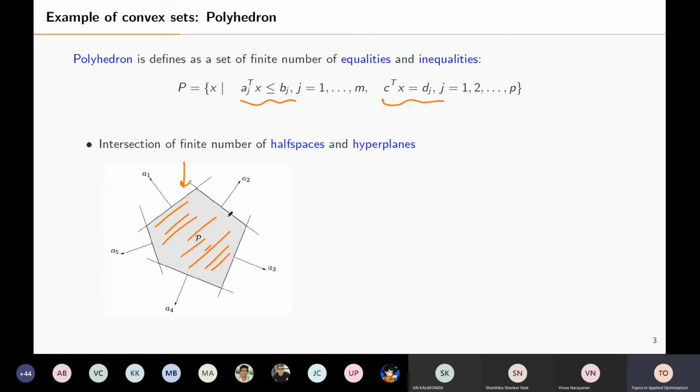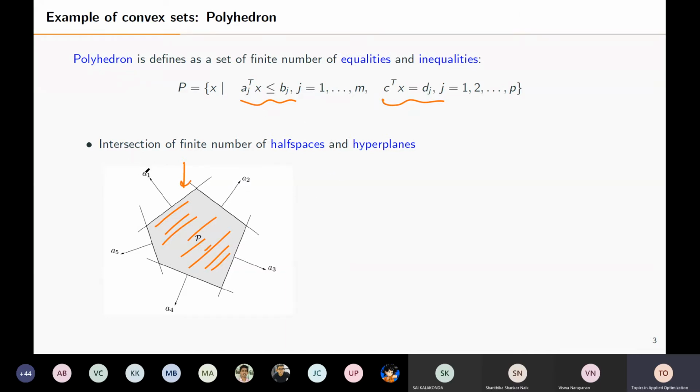How many half spaces need to be intersected? 5 half spaces. Okay, and no hyperplanes. Yeah, you don't need any hyperplane here, because the boundary is anyway there, since less than or equal to is there, right? So if we indeed need the boundary, okay.